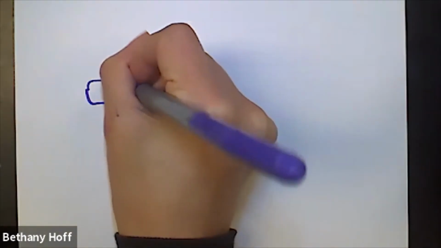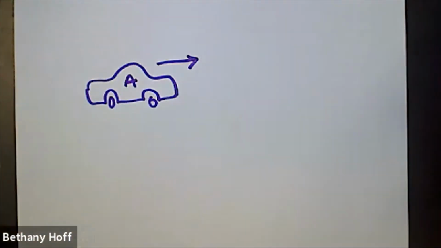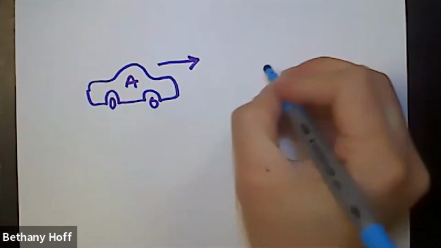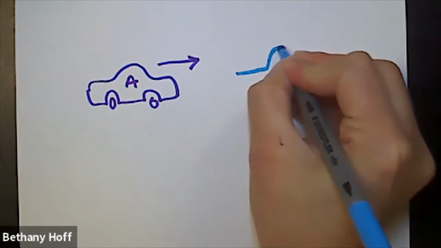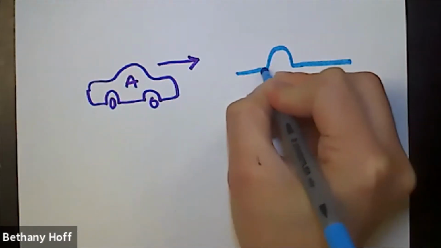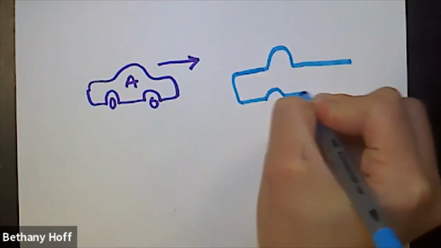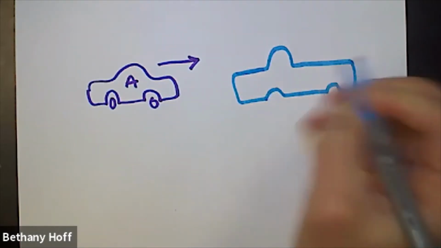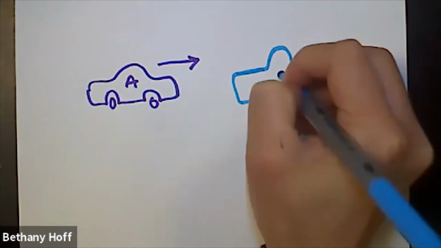We'll call this car A. And moving in the opposite direction, maybe this is a truck. Let's have a truck. So moving in the opposite direction is car B.